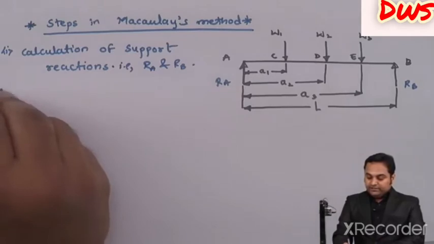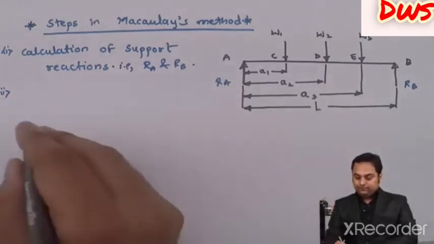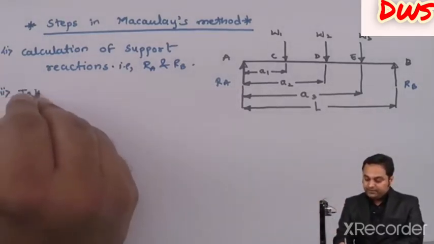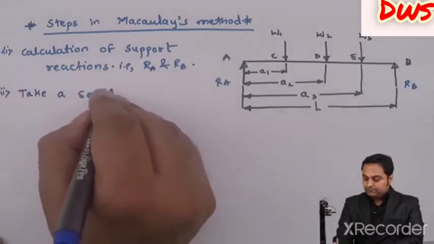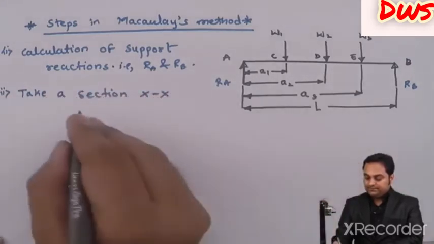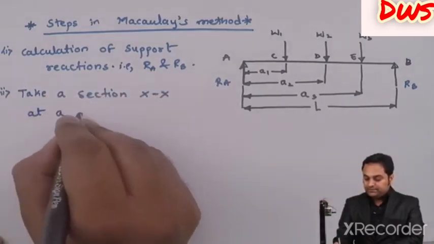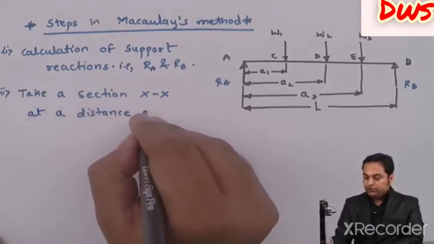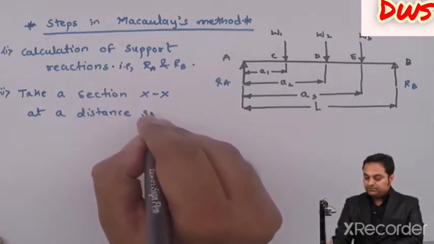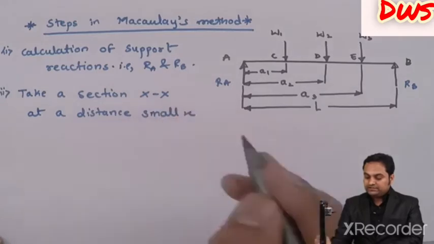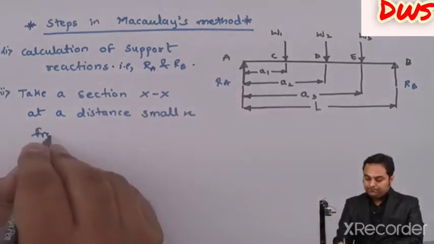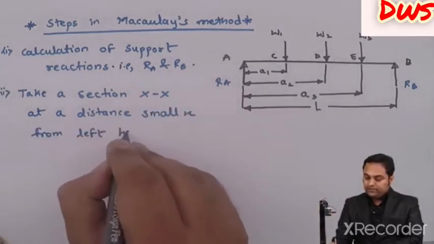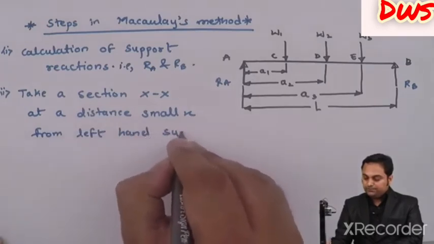Next, after getting the support reactions, we will take a section XX at a distance small x from the left hand support.